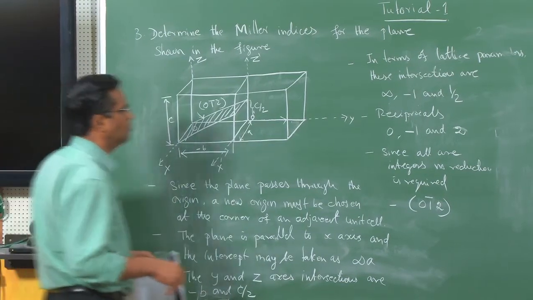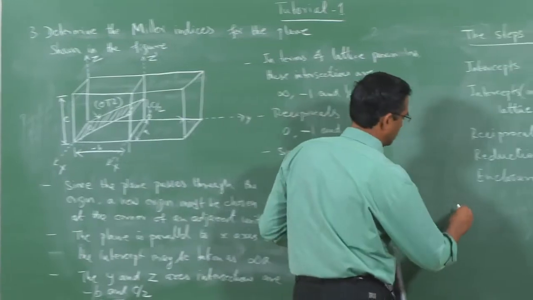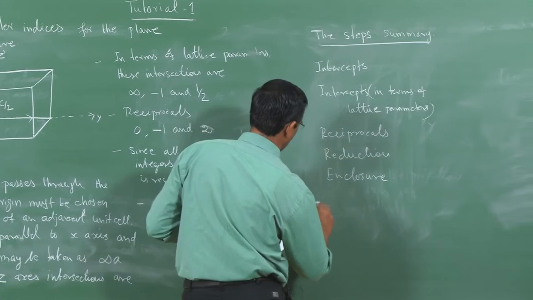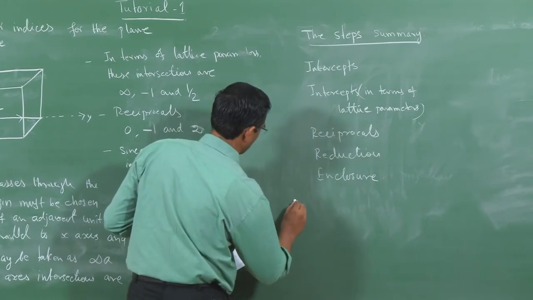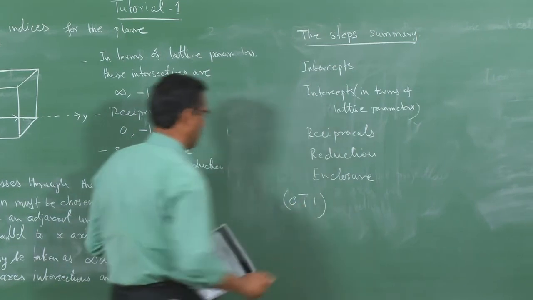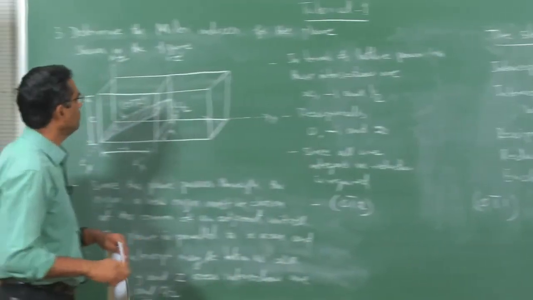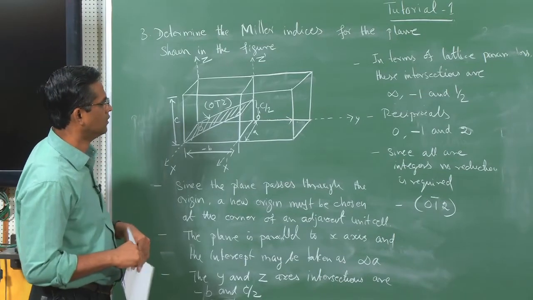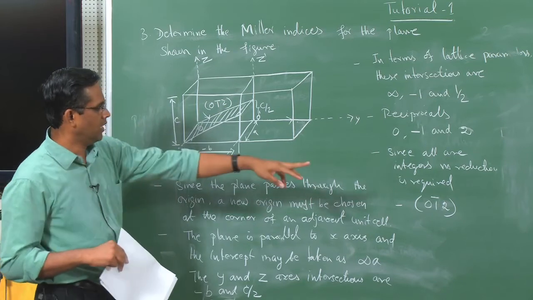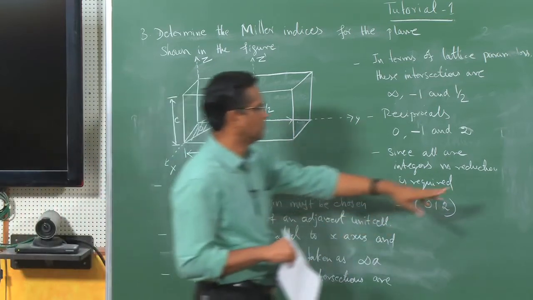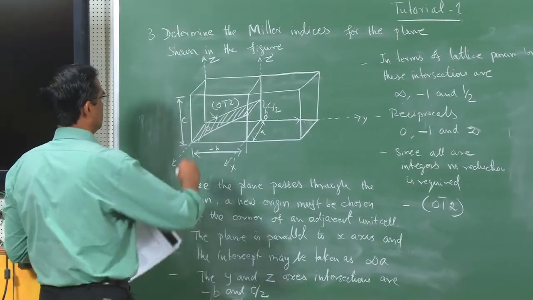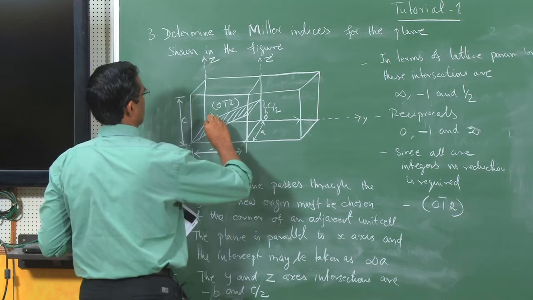Similarly, if you would like to try another similar problem, for example, if you want to try this plane, what we have done is 0, bar 1, 2. If you want to do this 0, bar 1, 1, it is simply this plane.